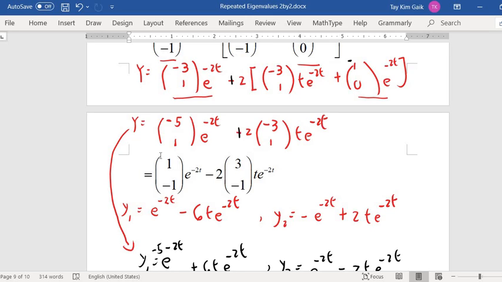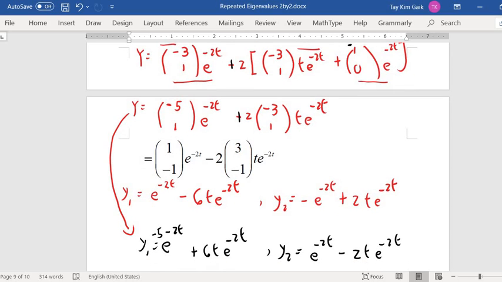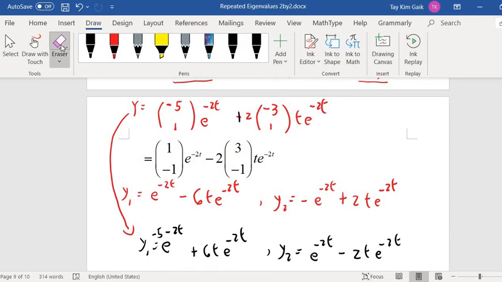And then the second row: negative 5 exponent negative 2t minus 6t exponent negative 2t. Check, there is some mistake.